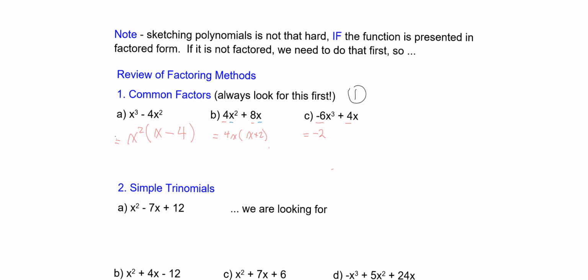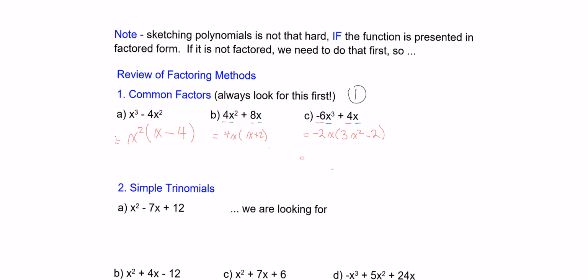Then the lowest power of x that we can pull out is 1, so we're just going to pull out an x. What we're left with is negative 6 divided by 2 gives us negative 3. No, positive 3. x squared minus 2.